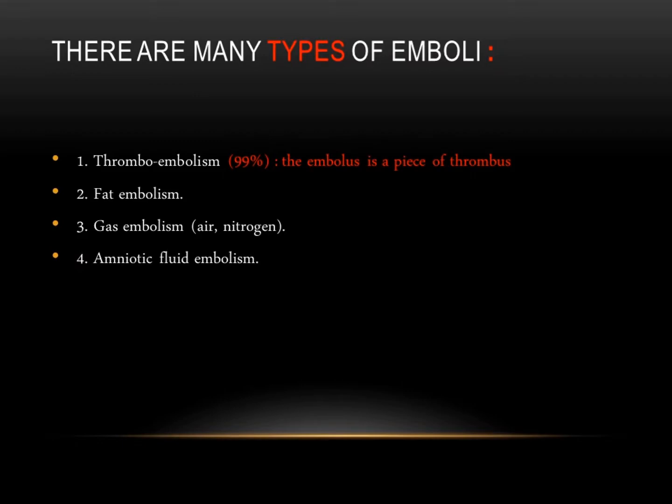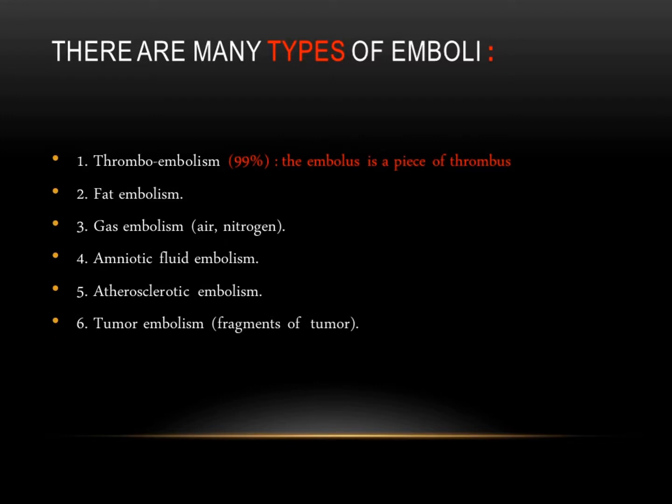Fourth, amniotic fluid embolism during labor and in the immediate postpartum period. Fifth, atherosclerotic embolism. Atheromatous plaque, especially from the aorta, may get eroded to form atherosclerotic emboli. Sixth, tumor embolism.